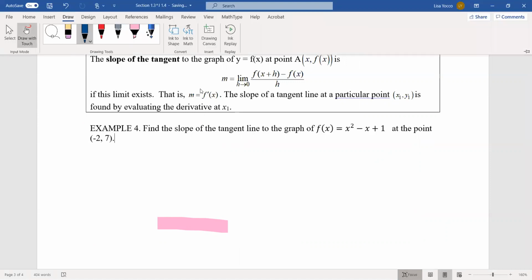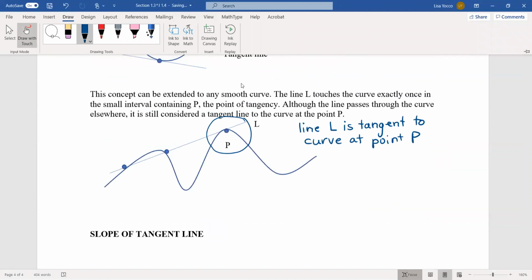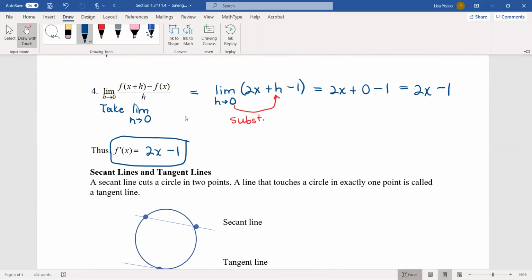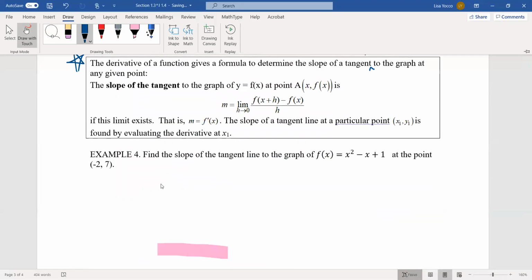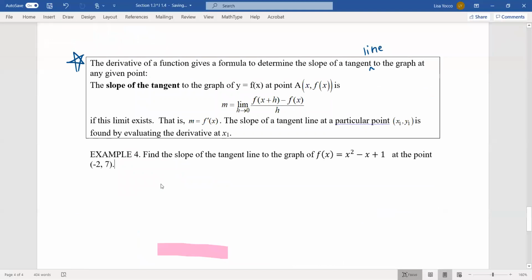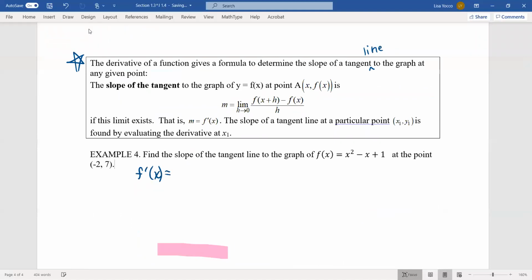All right, so going back, that's the function we just looked at, and on this page, we found the derivative of the function. So f prime of x we found to be 2x minus 1.